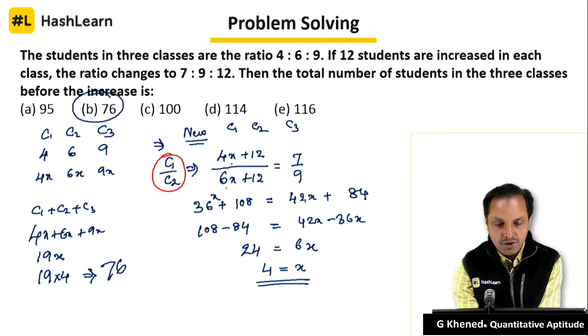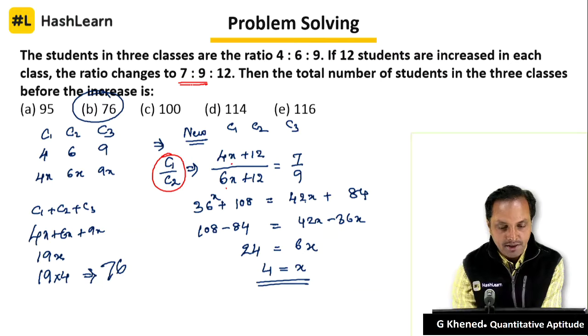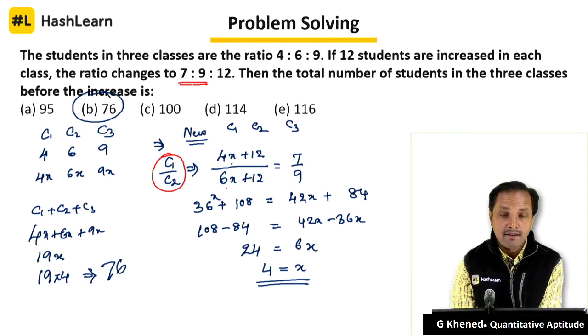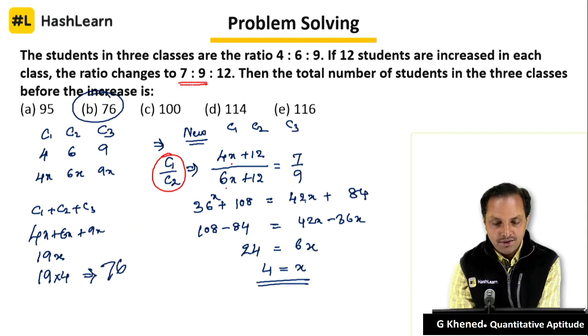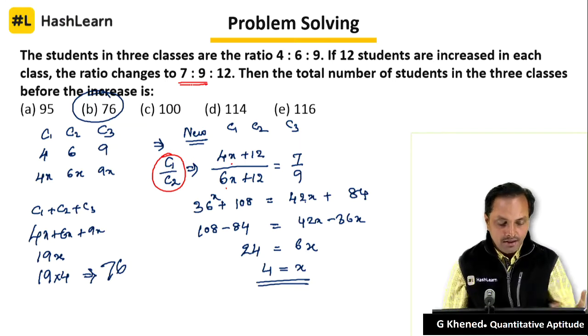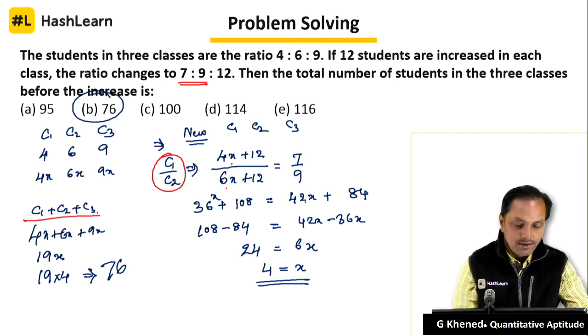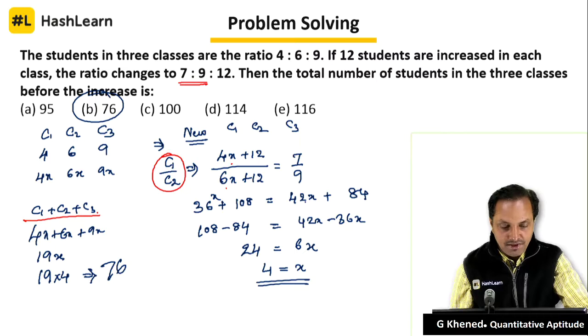The ratio we are calculating with respect to C1 and C2 will be 7:9. Just cross multiply and find x, then you can add all the three, C1 plus C2 plus C3, the strength of the 3 classrooms. The total strength is 76.